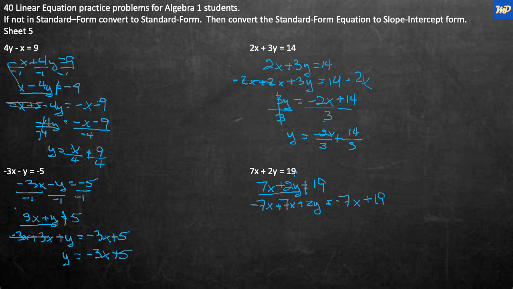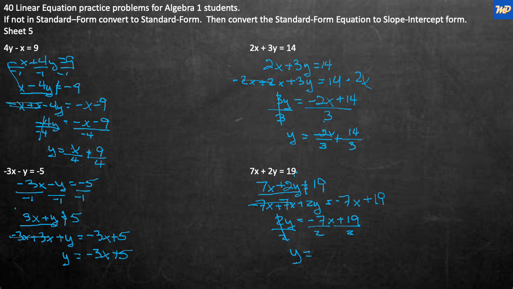So now the x's cancel. That was the purpose of doing this. We have 2y is equal to negative 7x plus 19. We have to get rid of the 2, so we're going to divide by 2, divide by 2, divide by 2, because you got to get rid of the 2 with the y so they can cancel and get us one y all by itself.